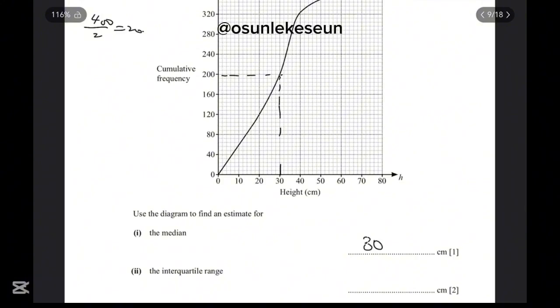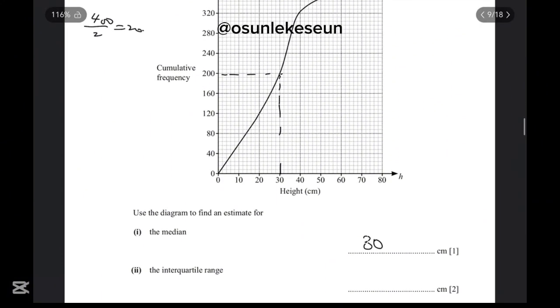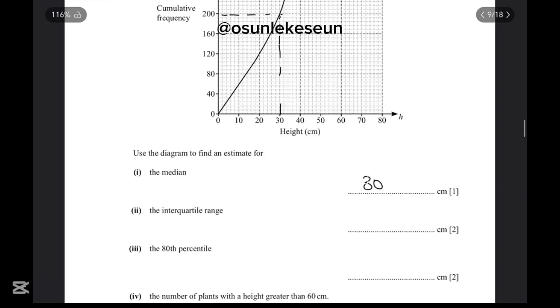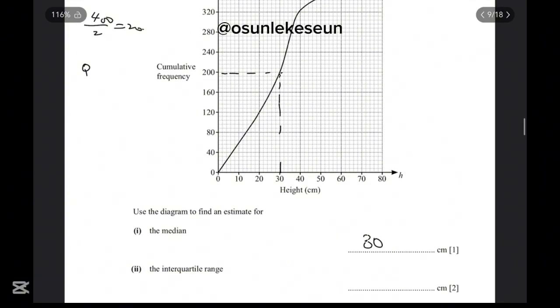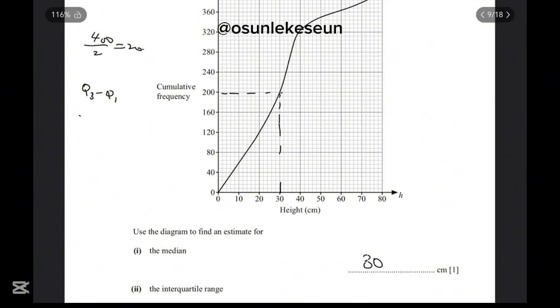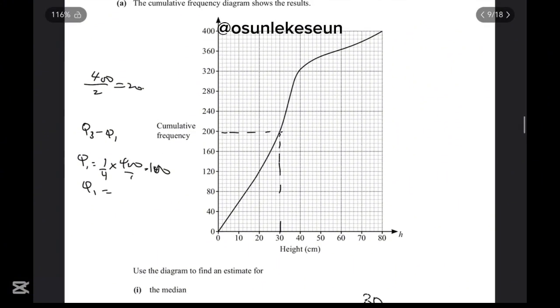The median is 30. The interquartile range means Q3 minus Q1. Q1 is 1 over 4 times 400, and that's 100. So we need to estimate Q1 since it's 100.